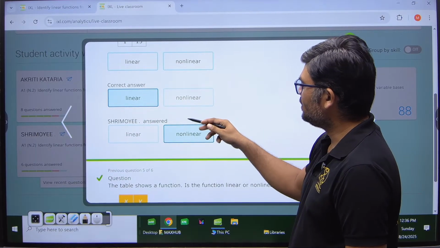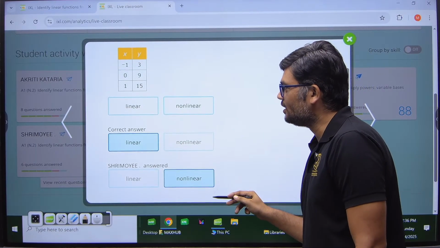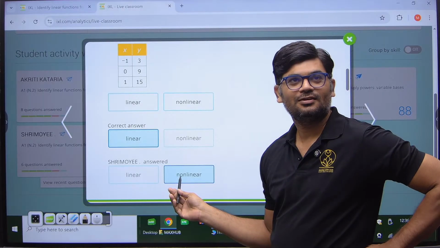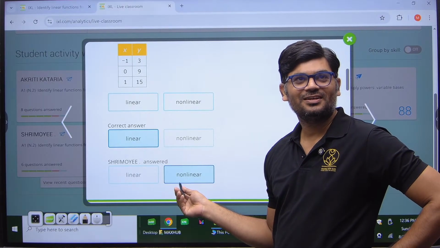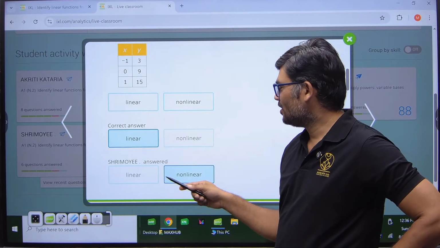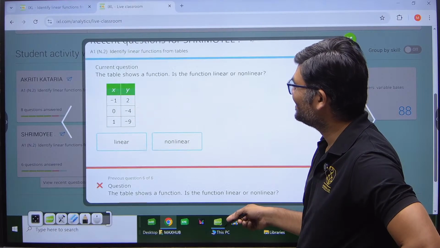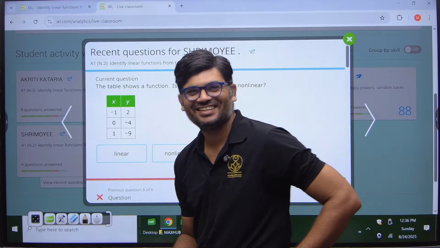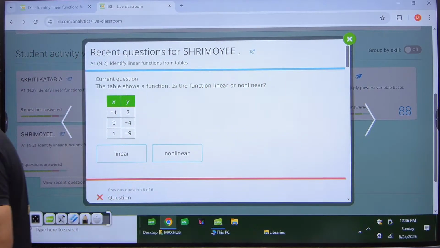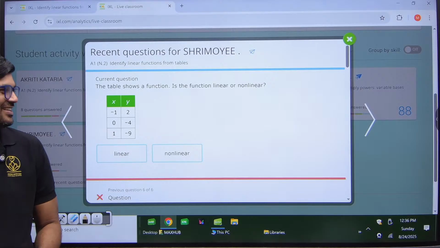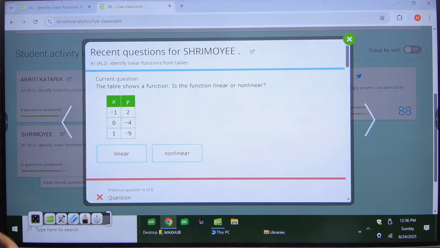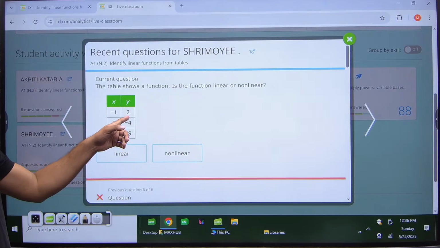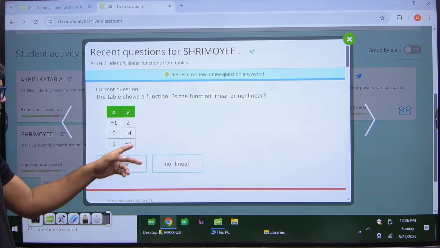Okay, this was linear. Why, Shrimoy, you said it is non-linear? Misclicked. Okay, you misclicked. We're going so fast we keep misclicking. So this is non-linear because this is minus 4 and then it is minus 5.